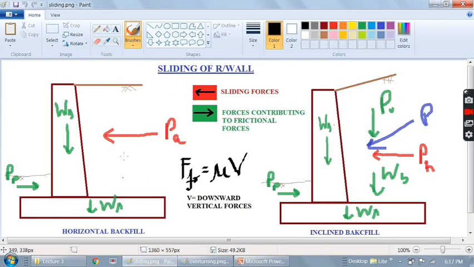Now look at the similar diagrams as I have shown you earlier. This is a retaining wall. This horizontal backfill has a horizontal earth pressure force like this. This will tend to slide the retaining wall in this direction like this.